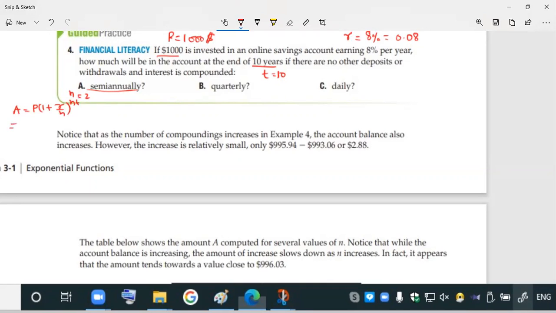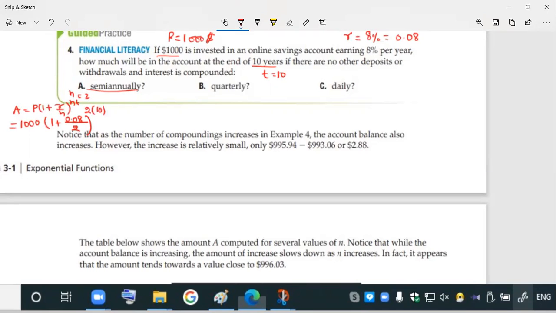Just substituting the values, P is equal to 1000 and 1 plus R, rate of interest is 0.08 divided by N. N is 2. N is again here 2, and it is for 10 years, into 10.